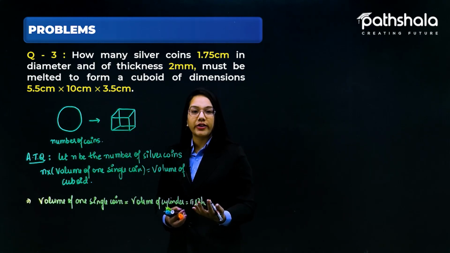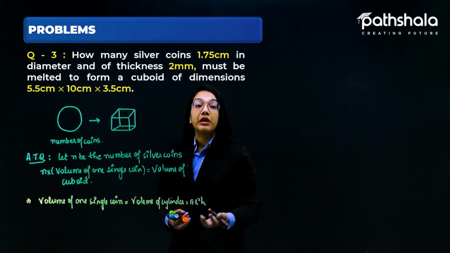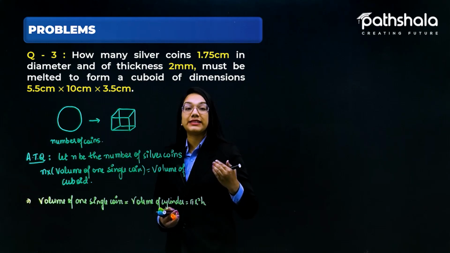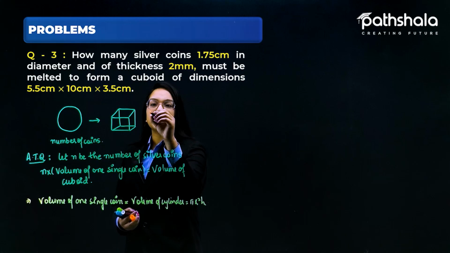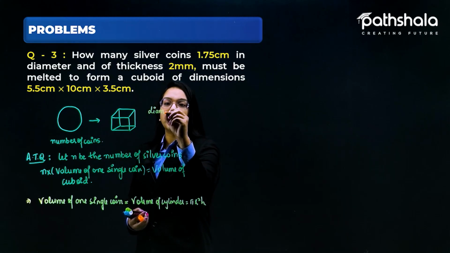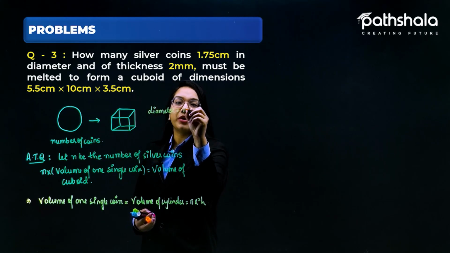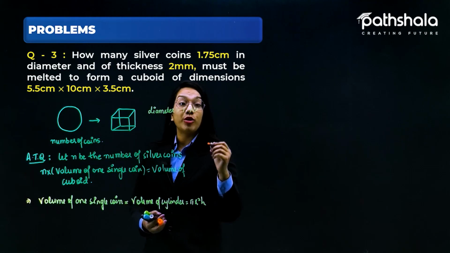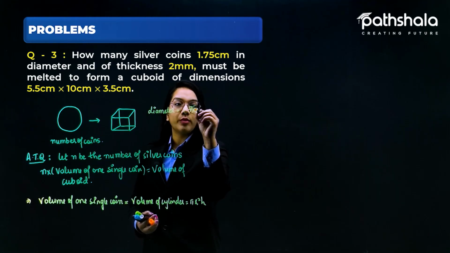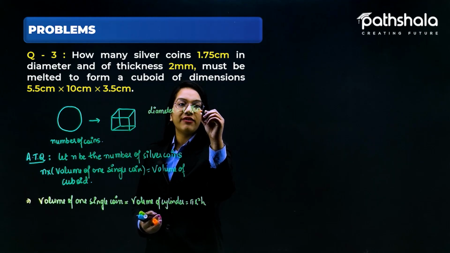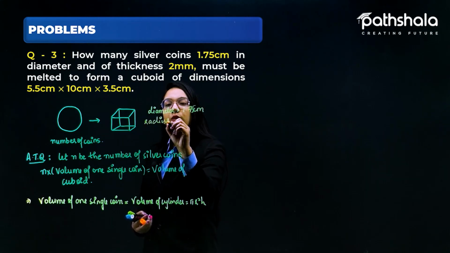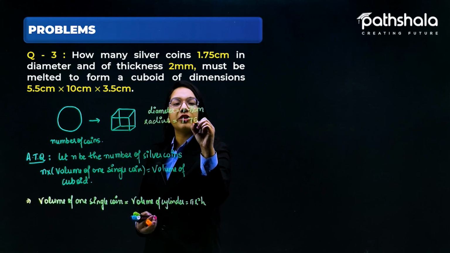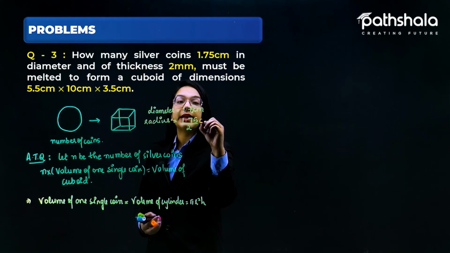According to the question, the silver coin is 1.75 centimeter in diameter. So the radius is half of the diameter, that is 1.75 divided by 2 centimeter.